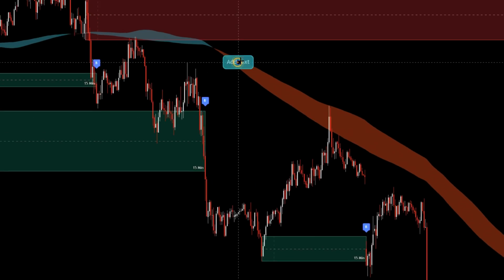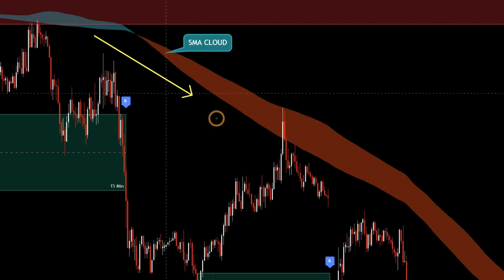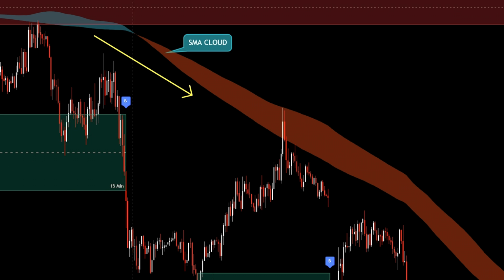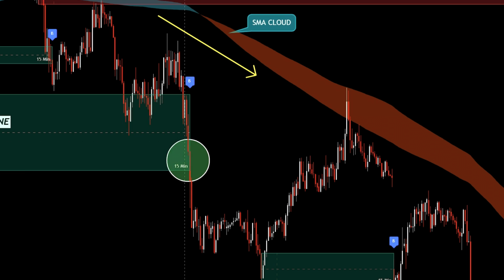Now for sell trades, it's basically the flip side. When the trend is down, when the price is clearly below that red EMA cloud, we're only looking for sell opportunities. You'll watch for a demand zone to get broken below by the price.